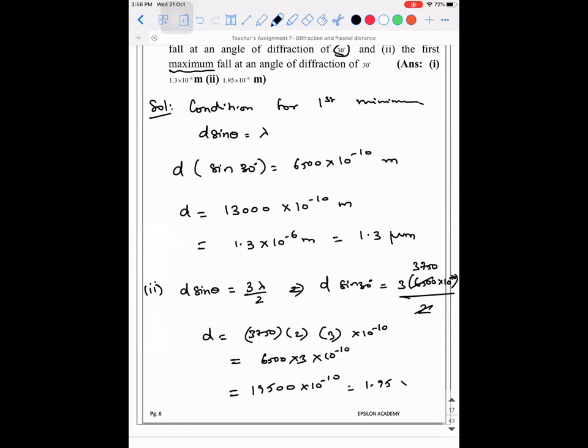So it will be 1.95 into 10 power minus 6 meter, or 1.95 micrometer. Clear?